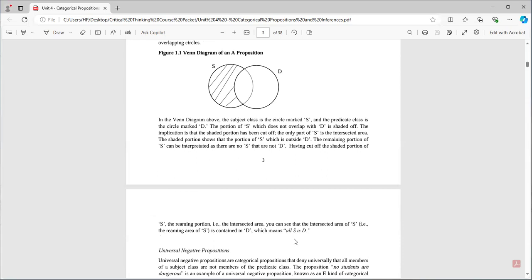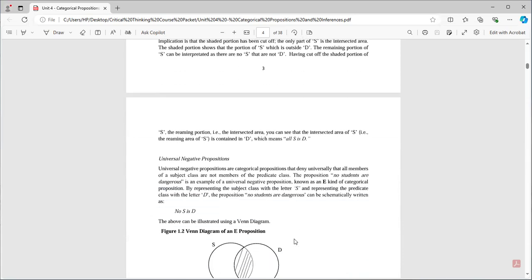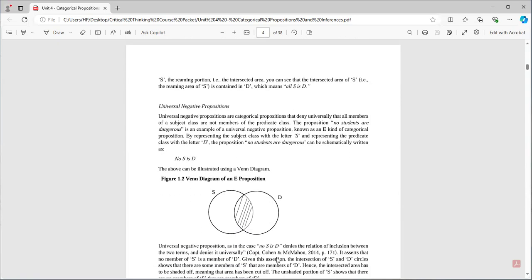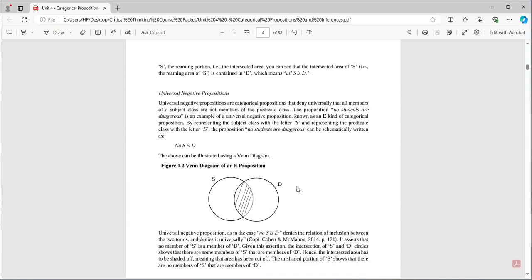Now, when we come to universal negation, no students are dangerous. We'll still have our no, where students will be S and dangerous will be D, and then we'll change it to no S is D. So draw a Venn diagram, label it S and D. We said no member of S is a member of D, but we have the intersected area where some members of S are members of D. So we shade that portion off.